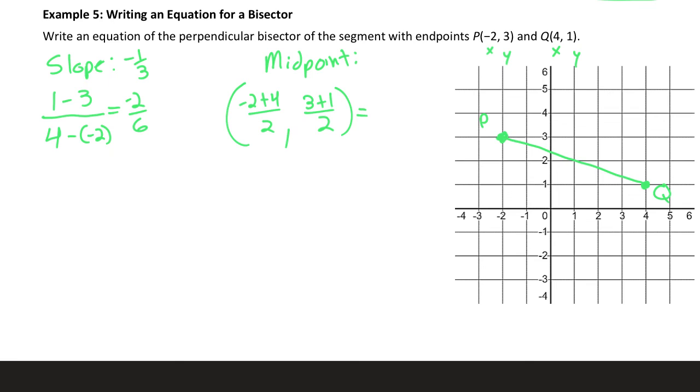So that's 2 divided by 2, which is 1, and then 4 divided by 2, which is 2. So the midpoint is the point 1, 2. And guess what? If you graph your midpoint and it doesn't look like it's in the middle of the segment, you probably did it wrong. If it doesn't even fall on the segment, you probably did it wrong. So that gives us a point.